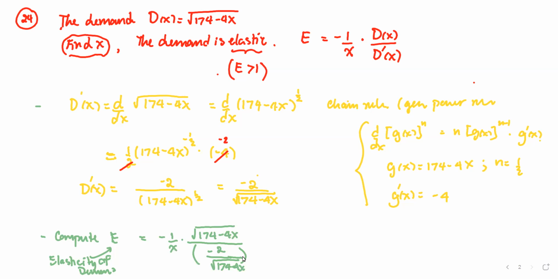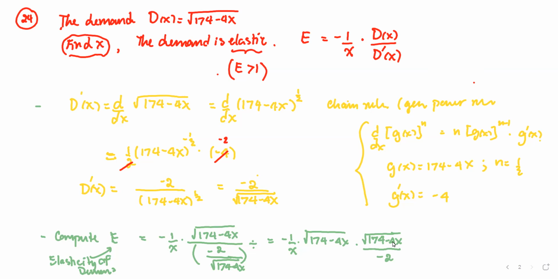You have a complex fraction. Again, use the algebra property to rewrite the complex fraction in simple form. Dividing means you multiply by the reciprocal. So E is -1 over x times the square root of 174 minus 4x, multiplied by the reciprocal, which is the square root of 174 minus 4x divided by -2. You see how things work out?